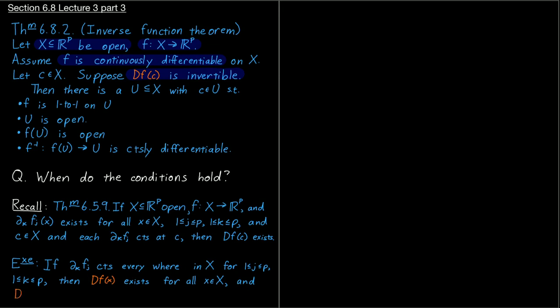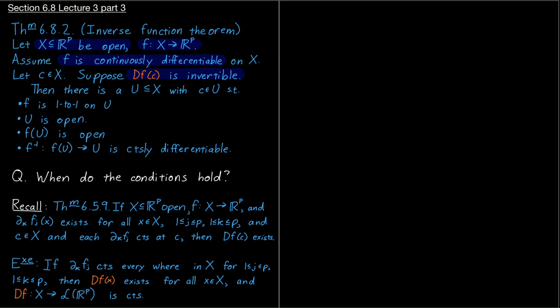The function df, whose input is x and whose output is linear functions from R^p to itself, or you can prove this for linear functions from R^p to R^q, is also continuous. So that's a thing to check. So that's one way to see easily whether a function f is indeed continuously differentiable.